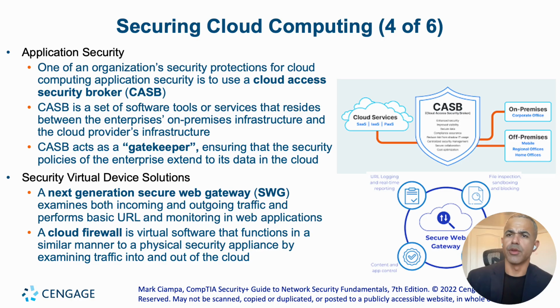The next thing, if you guys have ever heard of a next generation firewall, well, this is kind of the equivalent of that. It's just like a really, really smart firewall that does deep packet inspection like we discussed last week. But in this case, it's called the next generation secure web gateway. Whenever you see SWG, just think next generation secure web gateway, and it can inspect all of the traffic coming in and out.